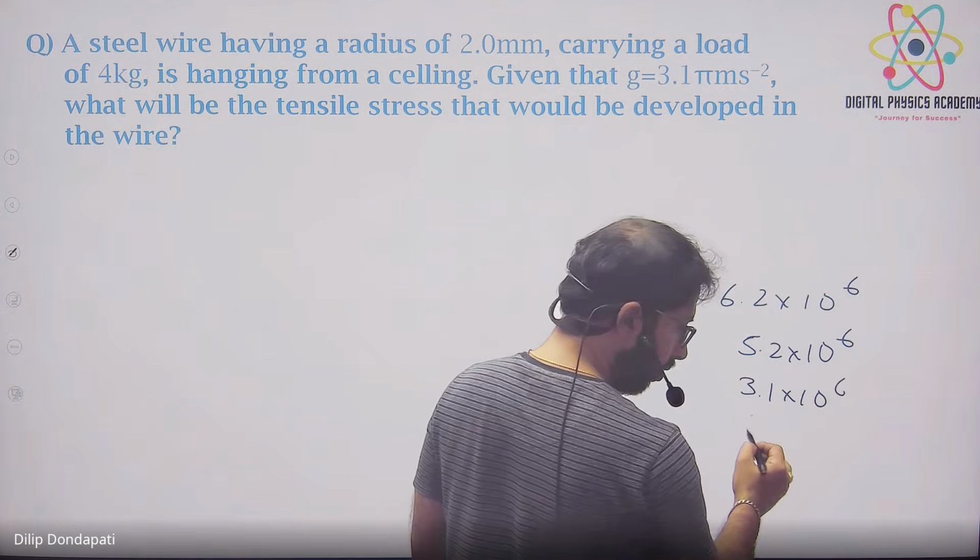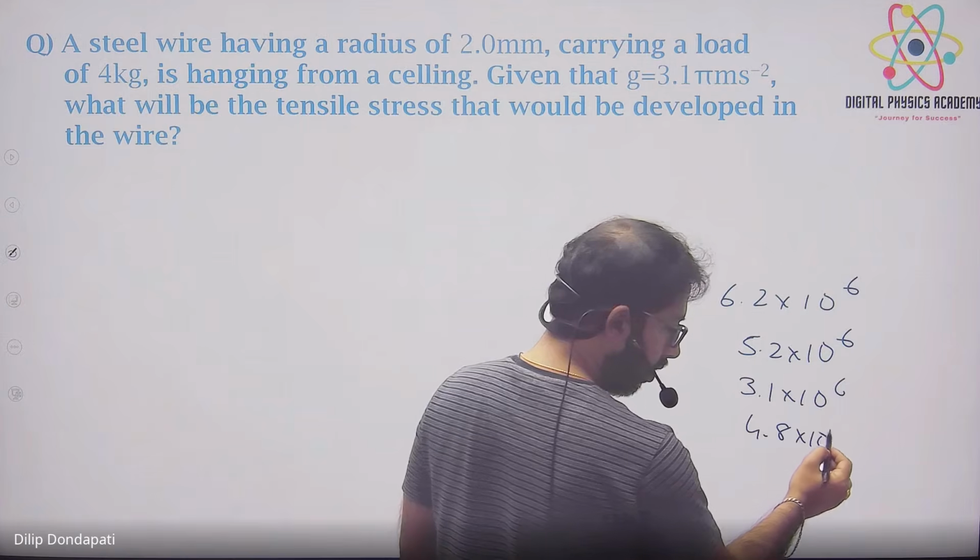Sir, a steel wire is cylindrical in shape. Sir, always 3.1 into 10 power 6. So, sir, I have to wait, never mind. So 3.1 into 10 power 6. Sir, 1 second.